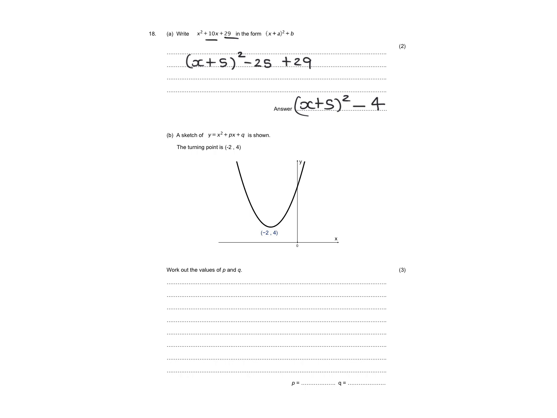So part B asks us to think about this problem in reverse, because this is the equation of my quadratic curve. And because that's its turning point, I know that it must have been of the form x plus 2 all squared plus 4. Because we know that the turning point can be read from the completed square form of a quadratic.